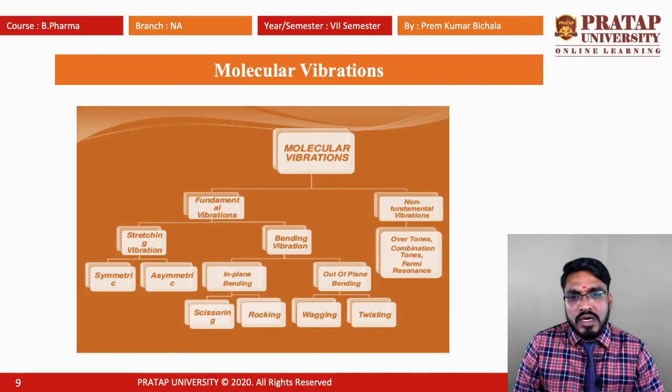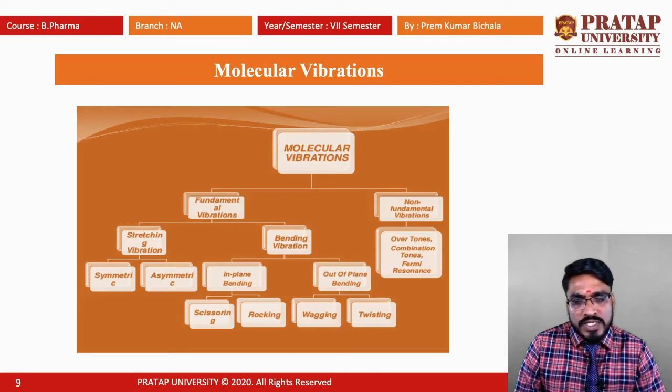This flowchart gives the types of molecular vibrations that occur in a molecule. Molecular vibrations are divided into two major types: one is fundamental and the second one is non-fundamental. In fundamental, we have two different types of vibrations: stretching vibrations and bending vibrations.